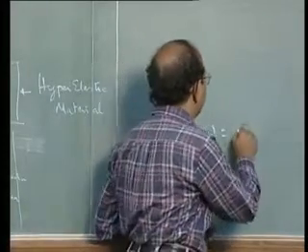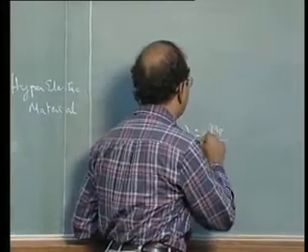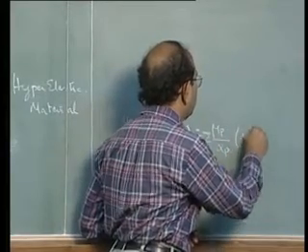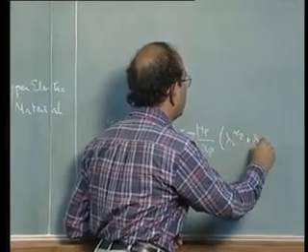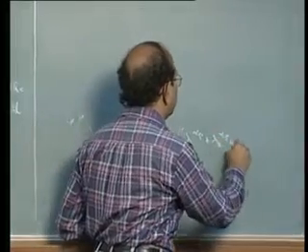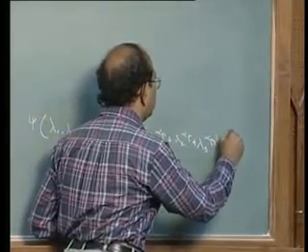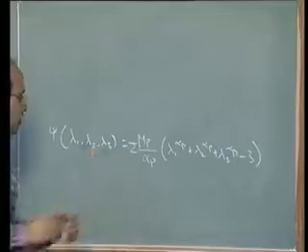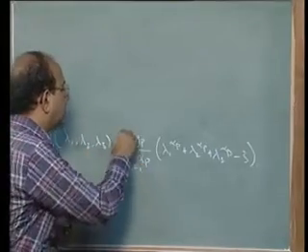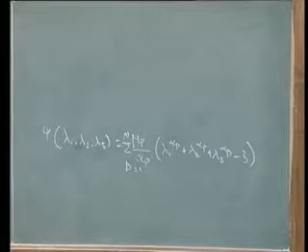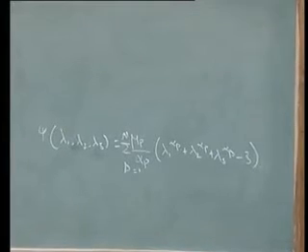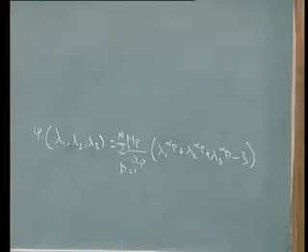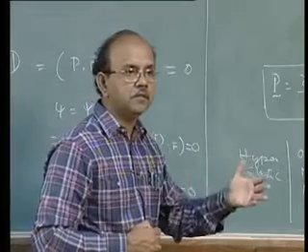This will be defined as the sum over p of mu_p by alpha_p into (lambda 1^alpha_p plus lambda 2^alpha_p plus lambda 3^alpha_p minus 3), where alpha_p and mu_p, with p varying from 1 to n, and n can be 2, 3, 5, and so on. So these kinds of equations are the ones which define what we call the strain energy function.